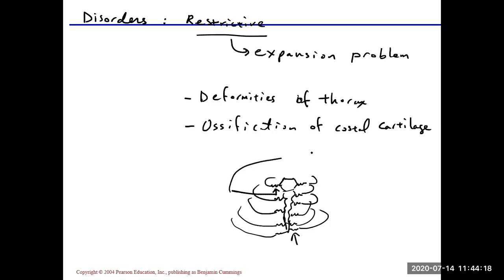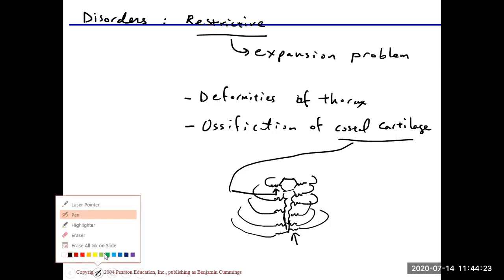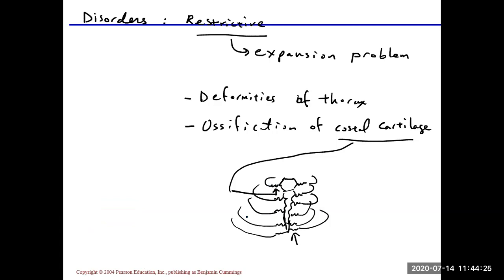Costal cartilage is supposed to be flexible. So when you are breathing in, the lungs inside are expanding, and due to this cartilage being flexible, the ribs and the lungs are all expanding. But when these costal cartilage are not as flexible, the lungs have a hard time expanding.